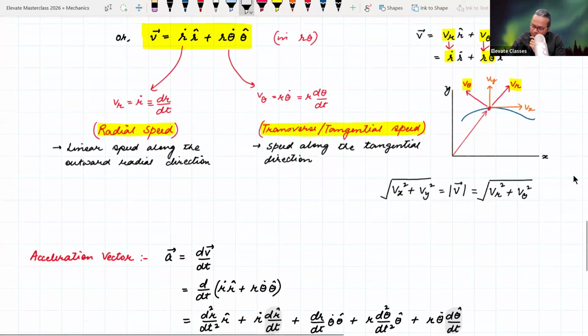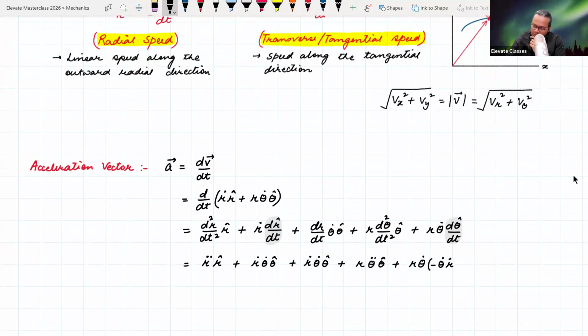This is minus theta dot r cap. So if I combine everything, r cap के अंदर क्या आएगा? r cap के अंदर आएगा आपका ये और ये, इन दोनों को कंबाइन कर देते हैं तो r double dot minus r theta dot square r cap.